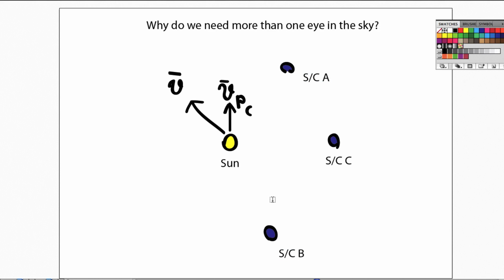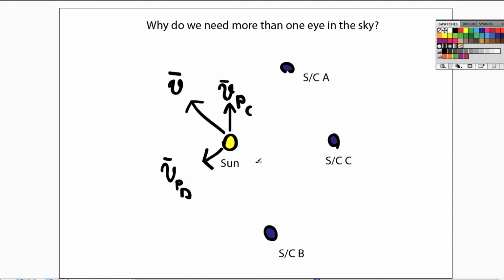So, let's now use information from spacecraft B to address the problem that we have here. STEREO Behind provides us additional information by means of another plane of sky velocity of the observed movement of the coronal mass ejection in the STEREO Behind imagery. So it will provide us VPB, the plane of sky velocity as seen by the STEREO Behind spacecraft.